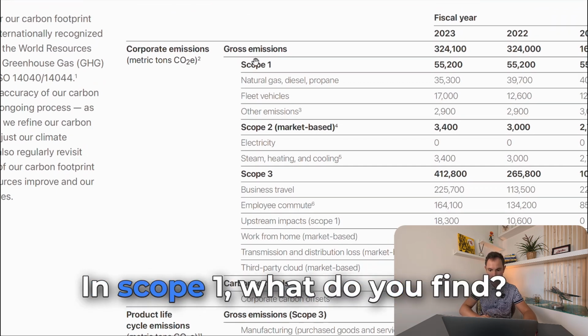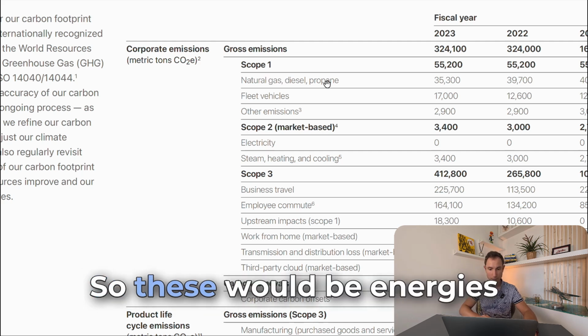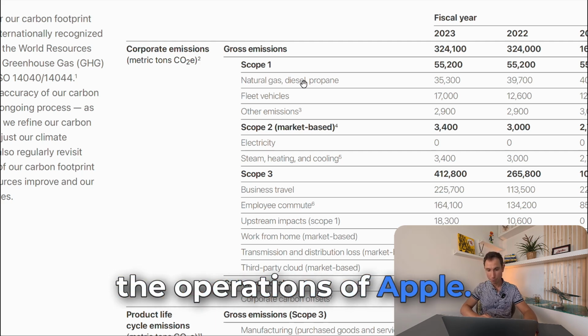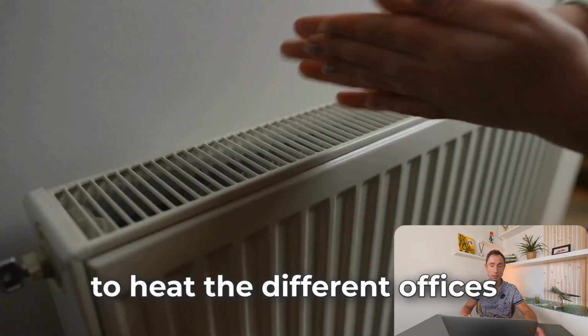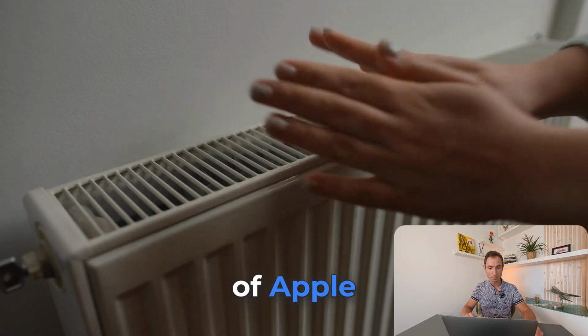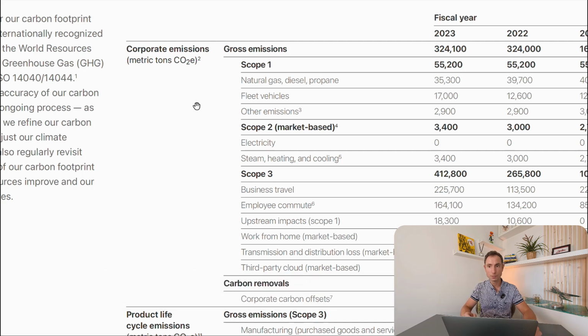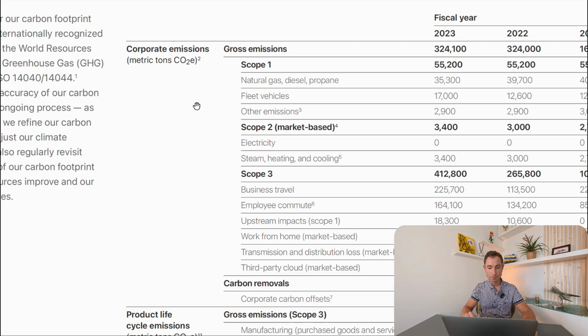Corporate emissions in Scope 1, what do you find? Natural gas, diesel, propane. So these would be energies used to power the operations of Apple. We can reasonably think that the natural gas would be used to heat the different offices of Apple. Fleet of vehicles: this is where we find the energy used to power the vehicles that Apple operates.